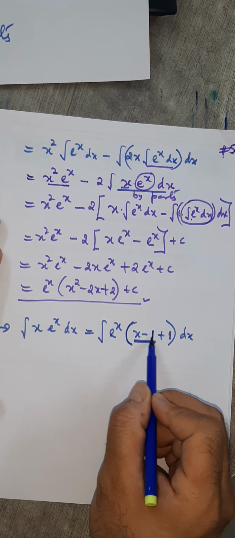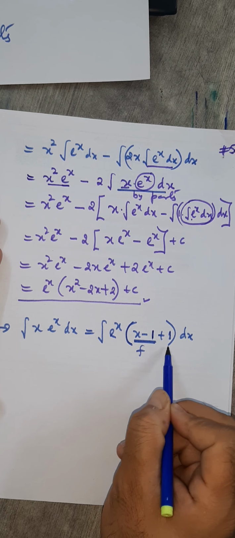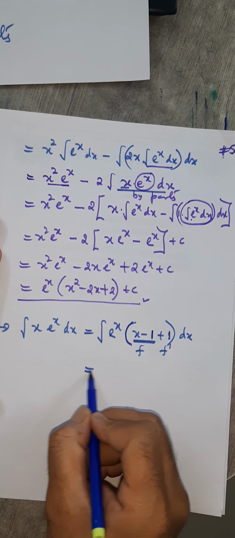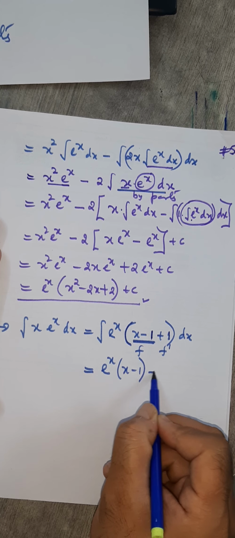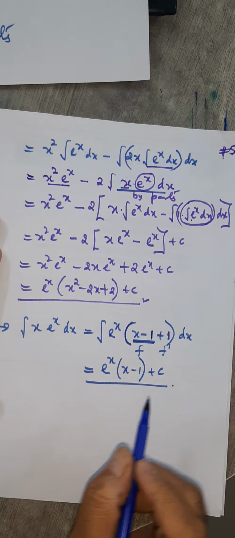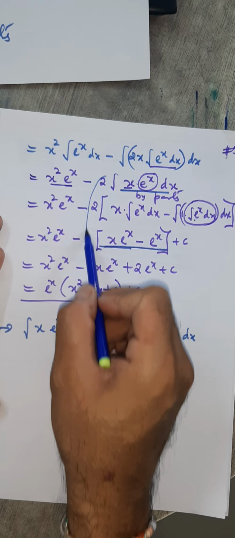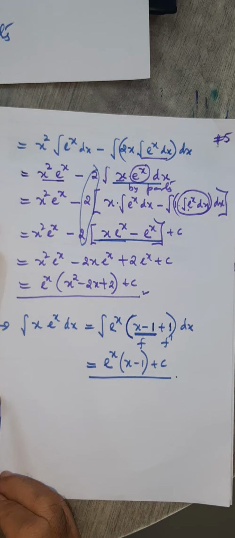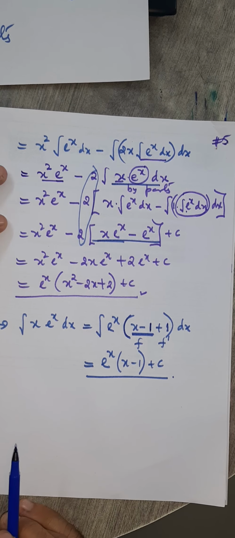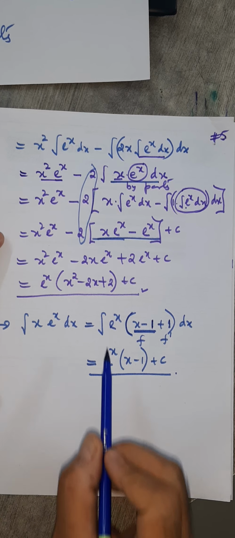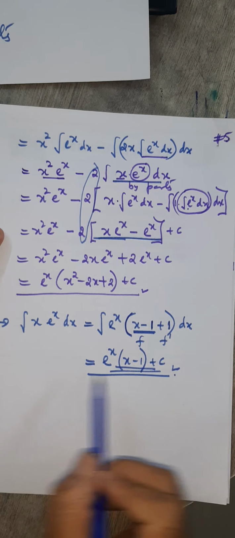Now what is the derivative of x minus 1? 1 and 0. So this is f and this is f dash. So according to that result, e raised to x into fx, that is x minus 1 plus c. Right? That's what you are getting here, you see. 2 is already there from the beginning, you can see here. Over here, you take e raised to x outside, so you'll get the x minus 1. This is your answer.